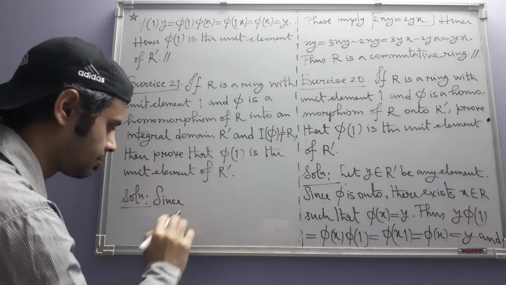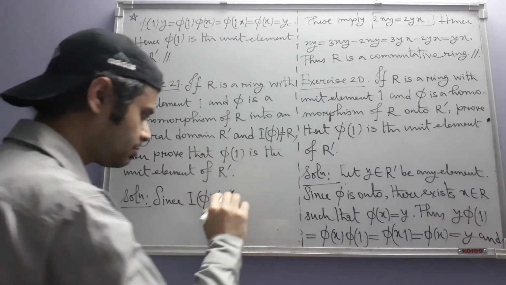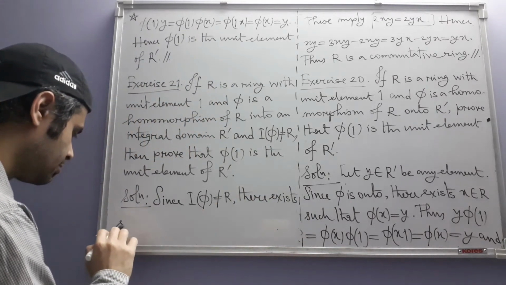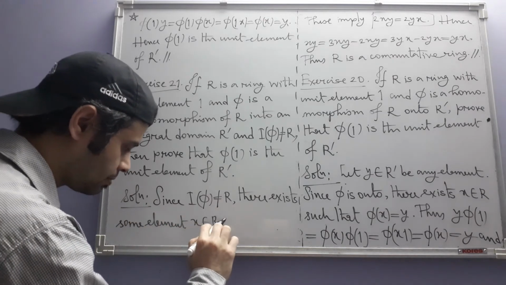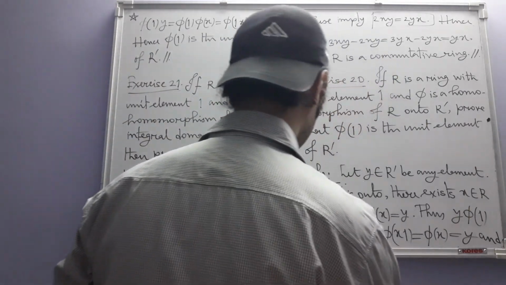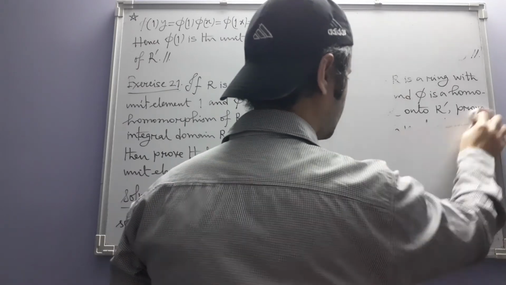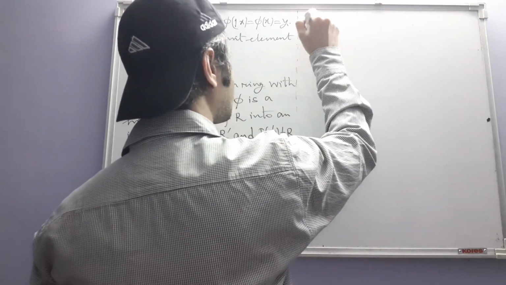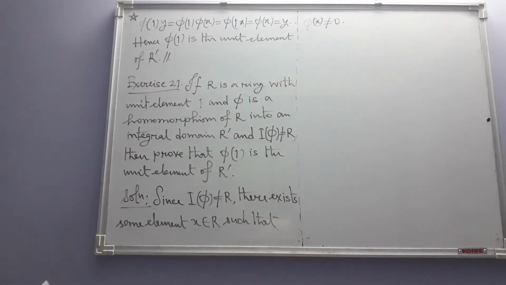Since the kernel of phi is not equal to R, there exists some element x in R such that phi of x is not equal to 0.